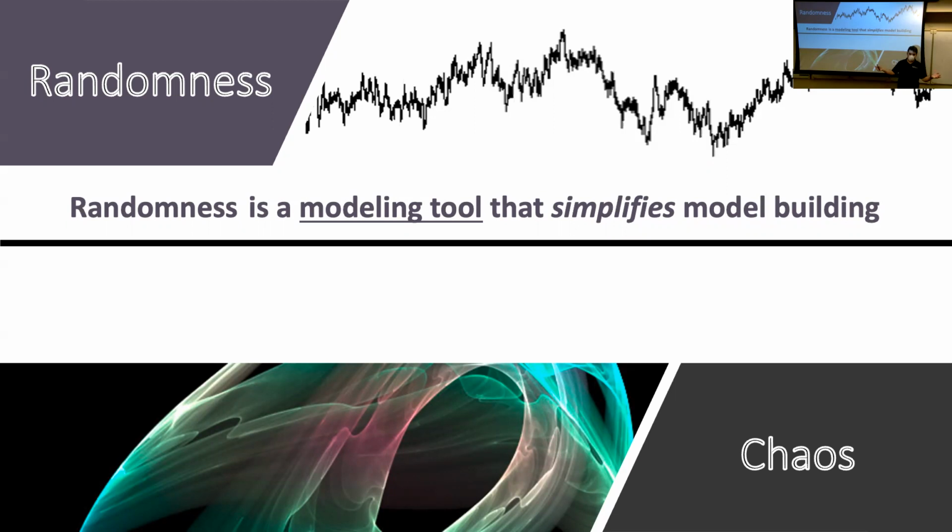And whenever you leave out some variables, there is some non-determinism left over. Rather than trying to incorporate every variable possible, we can instead say, these are the only variables that really matter, plus randomness. That's what we're talking about here, where we simplify models by putting in randomness, because it allows us to not have to model everything.